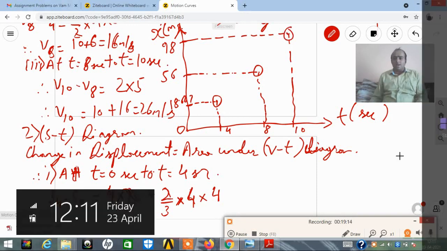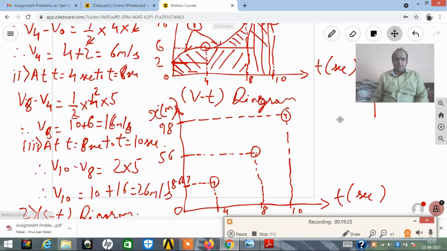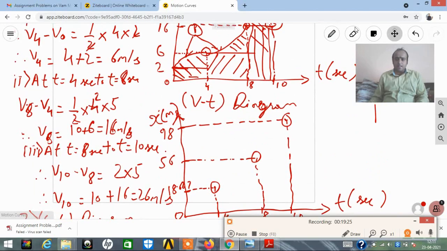Now let us compare both the diagrams so that it will be easier for us to draw the displacement time curve from the velocity time curve. Friends, please pay attention carefully. Since it's a second degree parabolic curve for the VT diagram, it will be a third degree cubic curve.